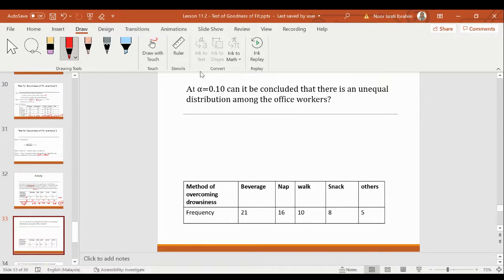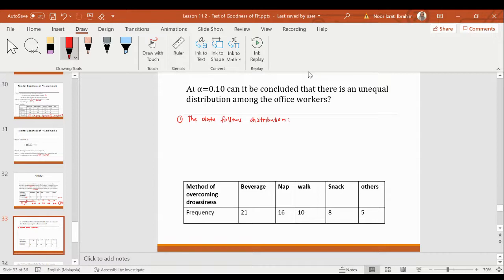At alpha 0.10, can it be concluded that there is an unequal distribution among the office workers? So step 1, the data follows the specified distribution. They are equal.